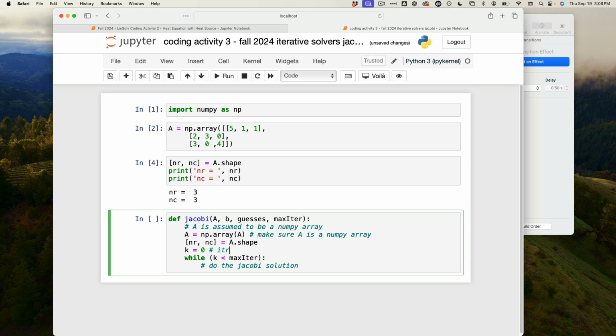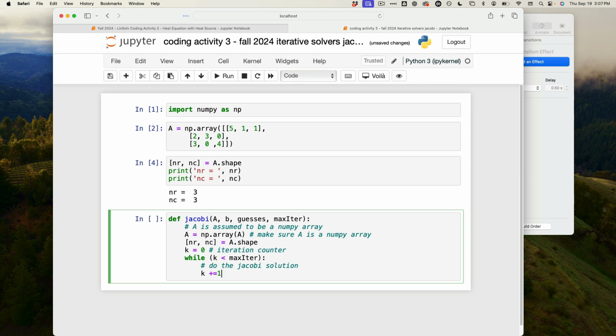That's my iteration counter. What this is saying is, as long as k is less than the maximum number of iterations, keep doing something. That's what the while loop does. It has an embedded if statement. I'm building that loop from the outside to the inside rather than the inside out, because I'm going to keep iterating until I hit maximum iterations.